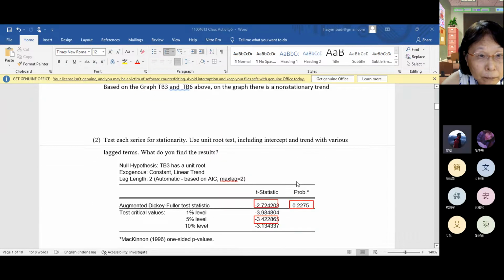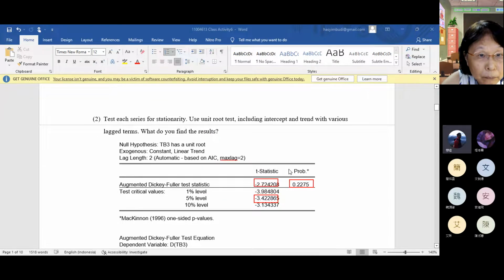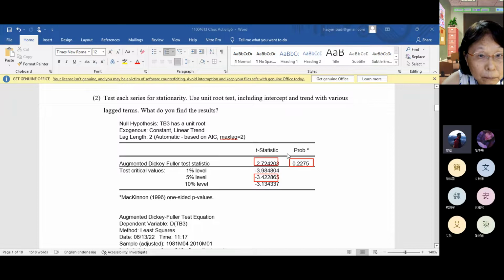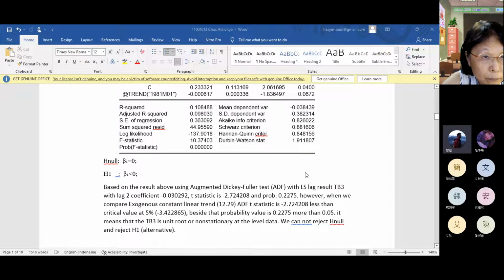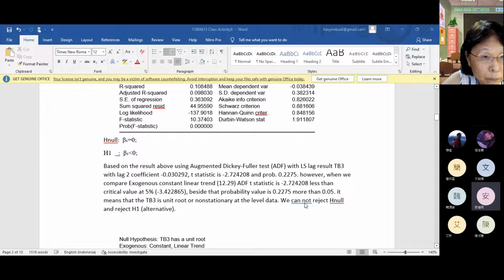The second one is about the unit root. When I use the unit root, the ADF is not significant at 5%, and then we cannot reject the null.